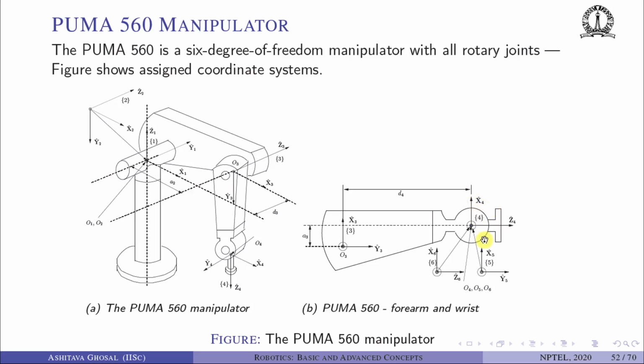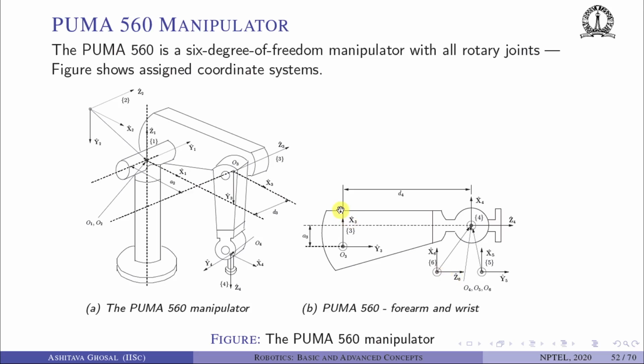What is x5? x5 is the common perpendicular between z5, which is going into the page, and z6, which is again shown here. They are intersecting. This is a special case, so we have to choose x5 accordingly. And what is x6? That is the last link, so again we have to follow one of the rules of the special case.